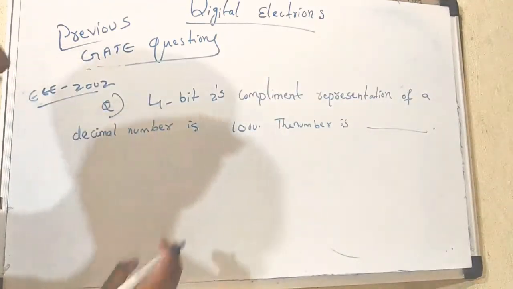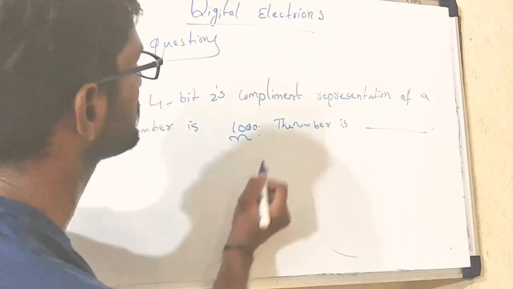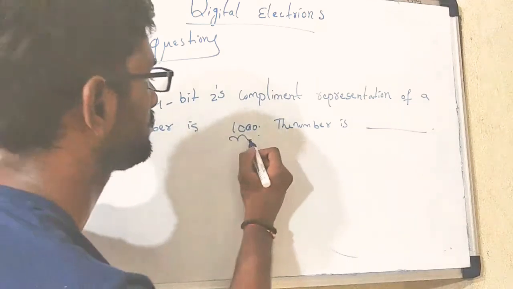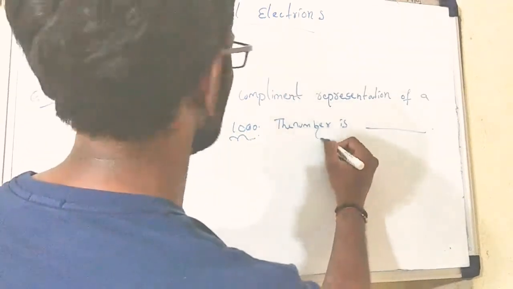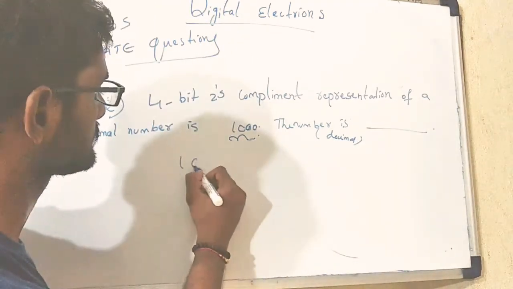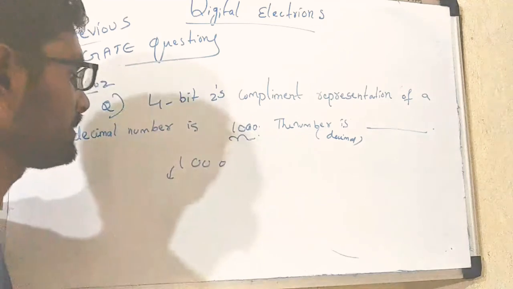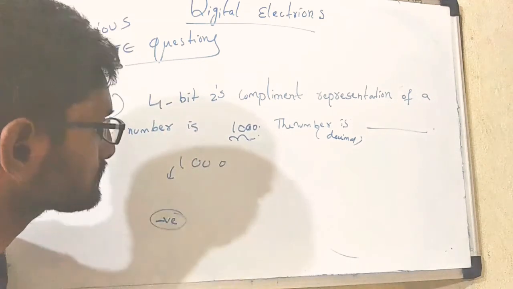Here it is given as a 4-bit 2's complement representation of a certain number. We have to find that number in decimal form. Here the MSB value is 1, that means the number will be a negative number.